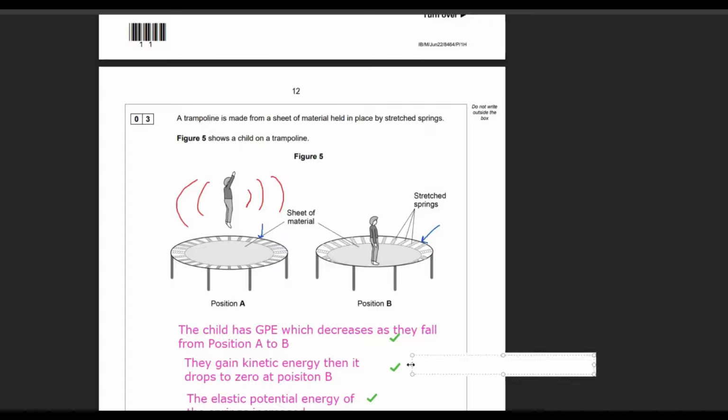So we want to say some energy is lost as thermal energy to the surroundings. And any object that's moving, you're going to get that. Most extreme is seeing spaceships re-enter the atmosphere and they all burn on the outside of them during re-entry because of all the heat that's being passed to the surroundings due to friction. Okay, so we've got our 4 marks. Absolutely beautiful.